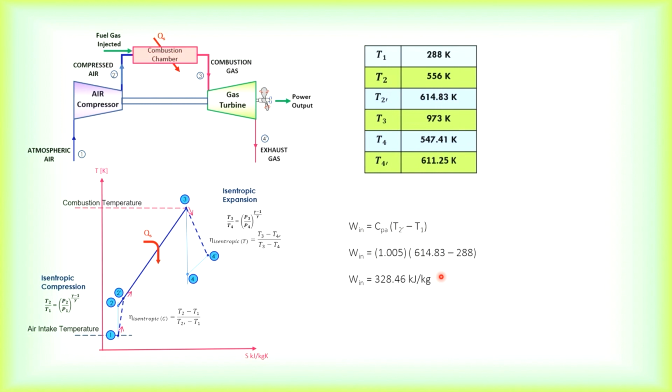Of course, we need work in, work out, and heat supply. Okay. So the net work out will be equal to the mechanical efficiency times the net work. This term we have not looked into recently. It is usually used when you have any shaft work involved. Usually the gas turbine is used to drive the air compressor and the generator, so there will be power transmission loss due to friction.